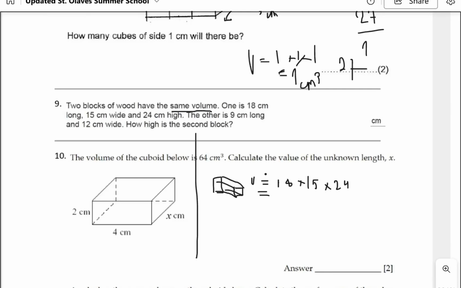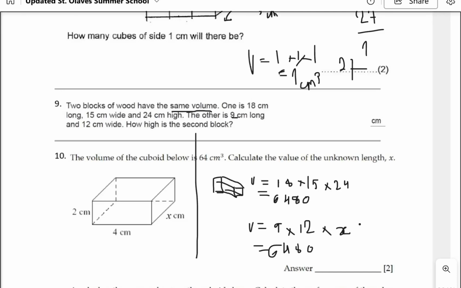So this one is going to be 6,480. And if they have the same volume, that means the next one will be equal to 9 times 12 times x is equal to 6,480.